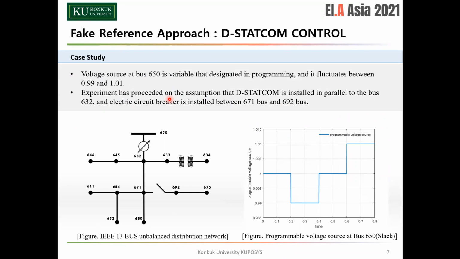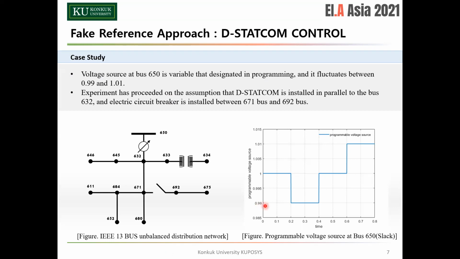So the goal is to prove that the proposed approach improves bus voltage control performance with an improved transient response. The system profile shown in the figure on the left side is used to evaluate that performance in various conditions. Since bus 650 is the slack bus, which means the main feeder, the IEEE 13 distribution system is connected to the main grid through bus 650.